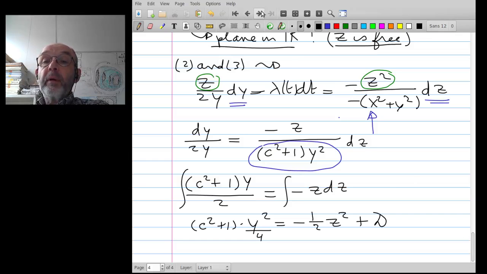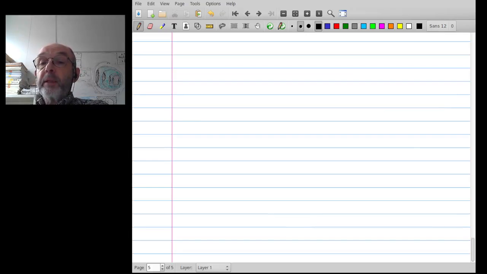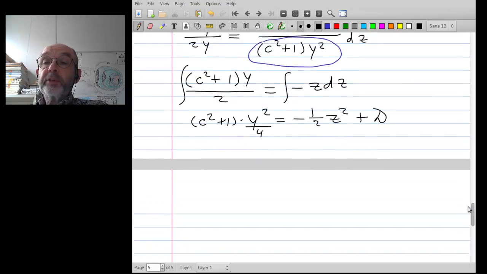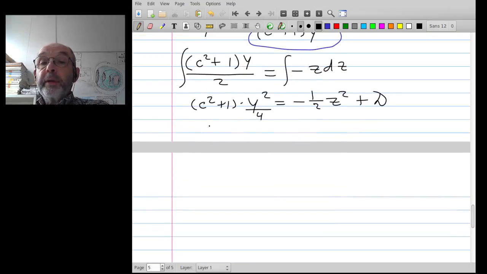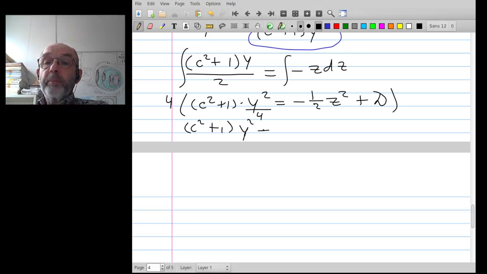And now let's see what this gives to us. If we now put the y and the z to the other side, and maybe we can multiply everything by 4, so that we have the fractions away, we get c squared plus 1 y squared plus 2 z squared is some constant. And what is this here?